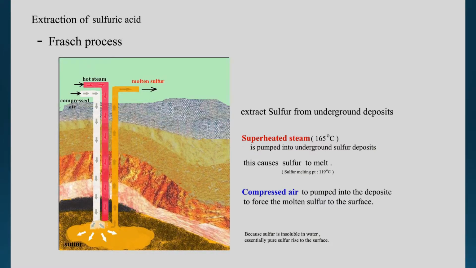And this is the molten sulfur that you will receive. Students, remember, this is a physical process. Sulfur goes from solid state to liquid state. That is a physical process. No chemical reaction is involved.